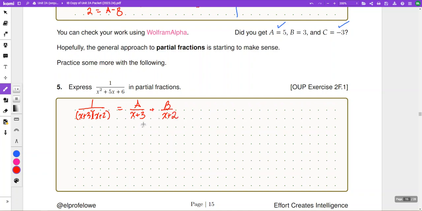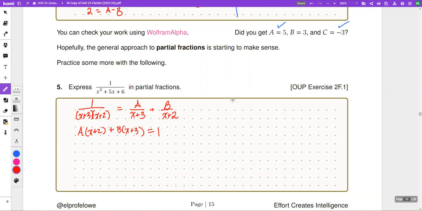So we have a over x plus 3 plus b over x plus 2. If we multiply both sides of our equation by our common denominator, we're going to have a times x plus 2 plus b times x plus 3 must be equal to 1.